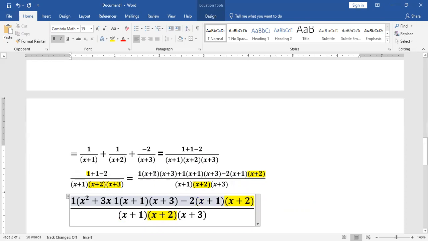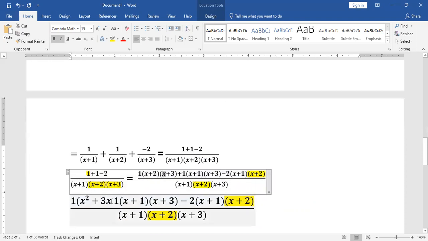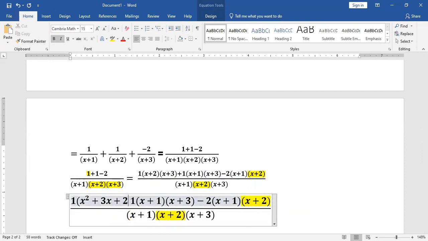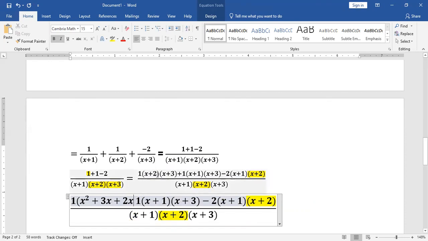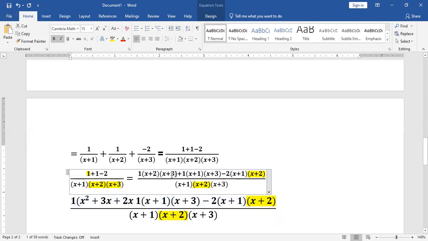We are shifting, we are coming to the 2. 2 multiplied by x there, it will be 2x, so plus 2x. Two here multiplied by 3 there, it shall be 6. So plus 6.